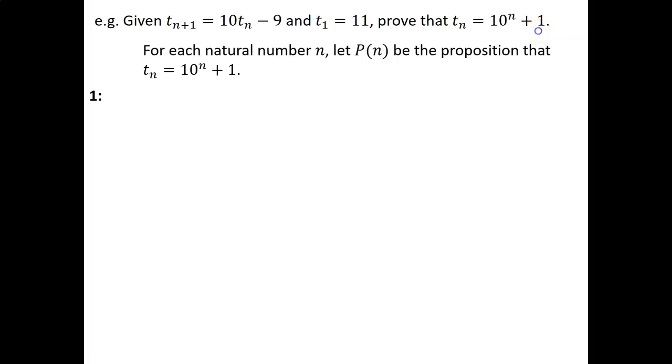Step 1, let's test it for n equals 1. So T(1) here is 10 to the power of 1 plus 1. I'm told that T(1) equals 11, so this is true.